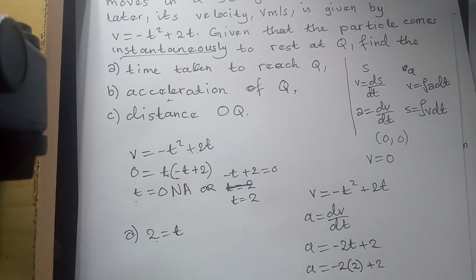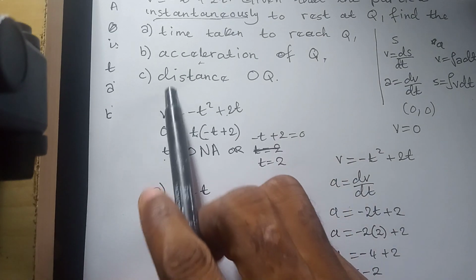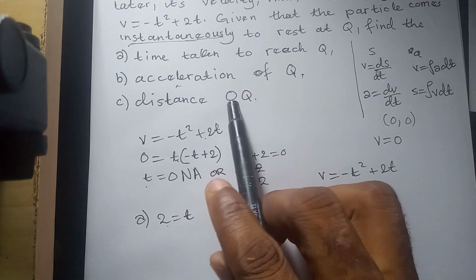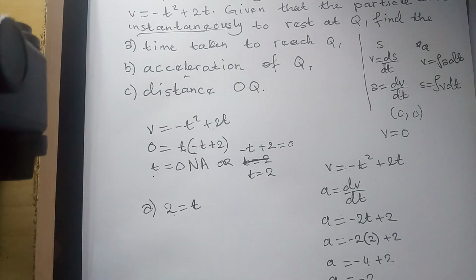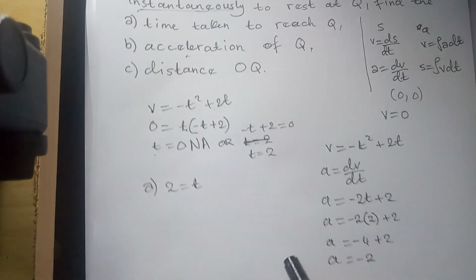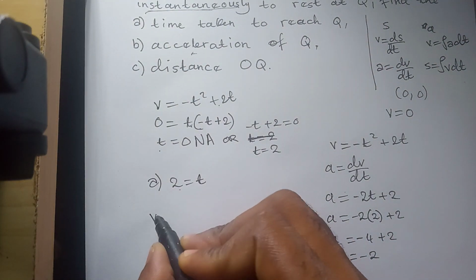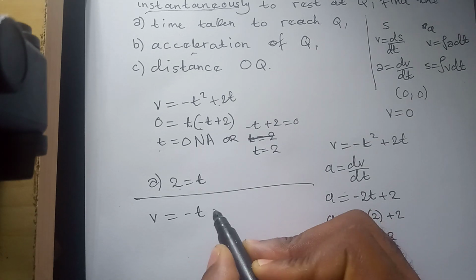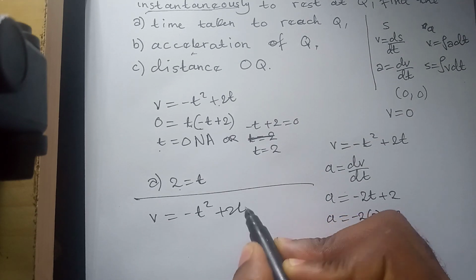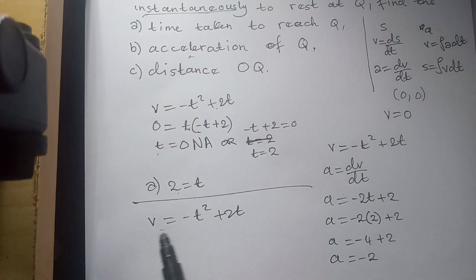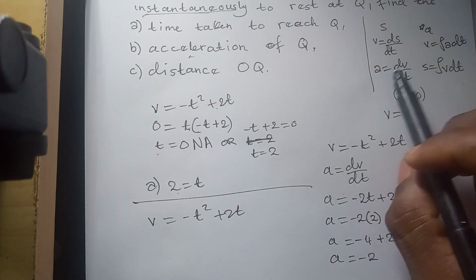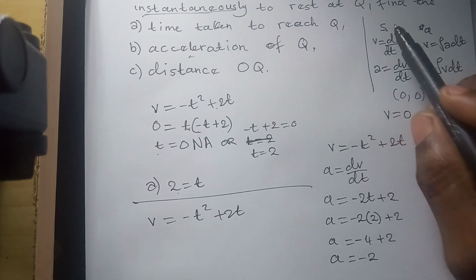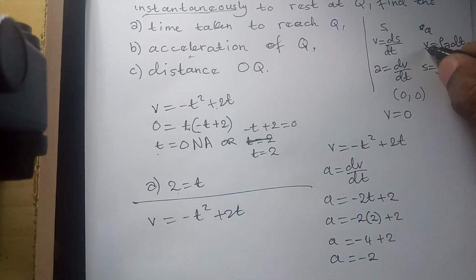And then finally we have the distance from O to Q. We already have the velocity function again, v is equal to negative t squared plus 2t. To get the distance from here, you simply work backwards. From v to get to s, you just integrate your v.